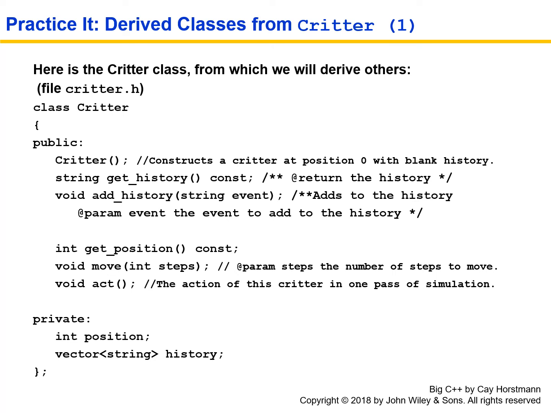Okay, here's a silly example of a set of classes just for you to practice thinking about. Imagine that we have a simulation of a jungle, and the jungle is full of critters. Each critter has a history, which is simply a list of things that it has done in its life, and it has a position.